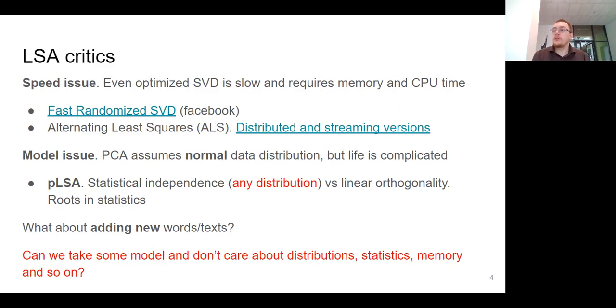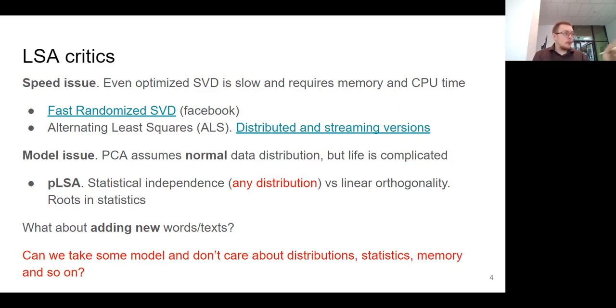It is very hard to think about any method like LSA or PLSA when we imagine that you add a new text or you add a new word. You know that for a sparse matrix, decomposition is very unstable. I have a nice demo, maybe if you want, I will share with you this notebook with a demo of how changing a single cell in a sparse matrix can significantly influence PCA results.